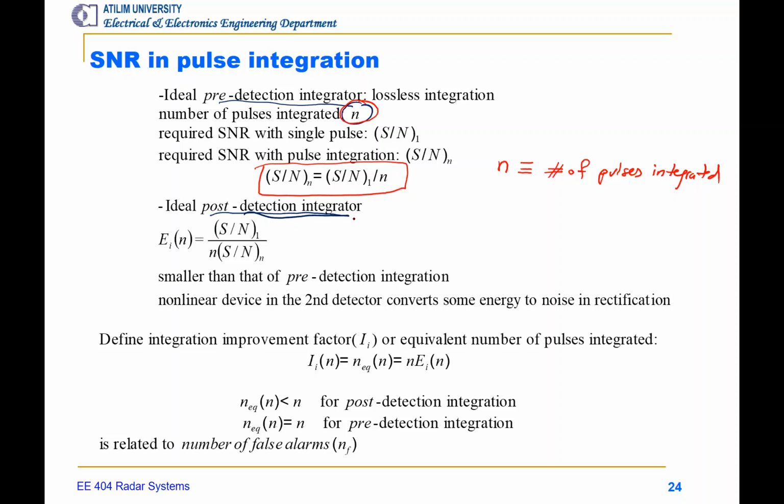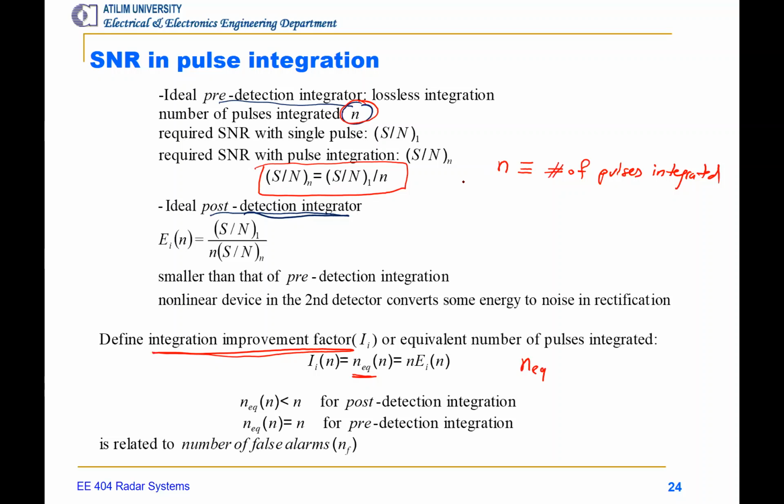How about post-detection integrator? In post-detection integrator, there is an efficiency. It's dependent on the integrator, and we'll be discussing that in the next slides. We define for post-detection integrator an integration improvement factor, I, which is equal to the equivalent number of pulses. So we define NEQ.